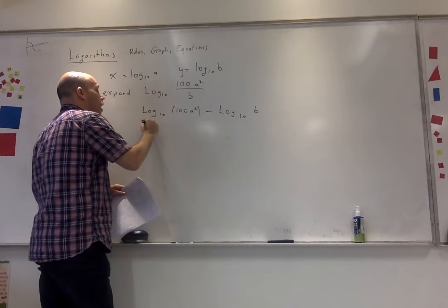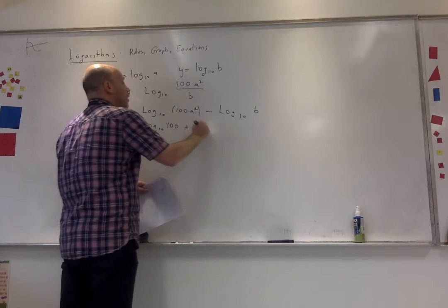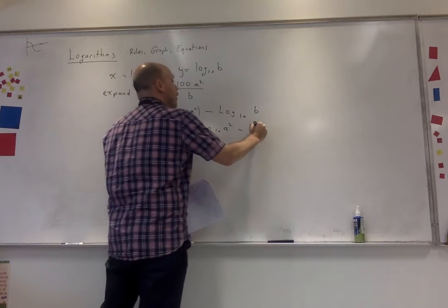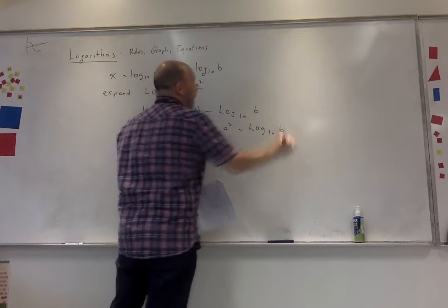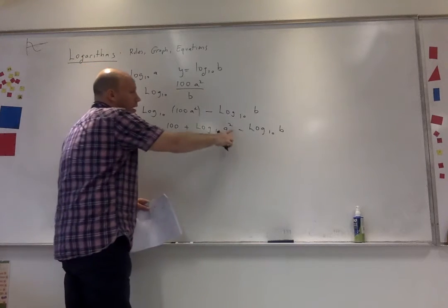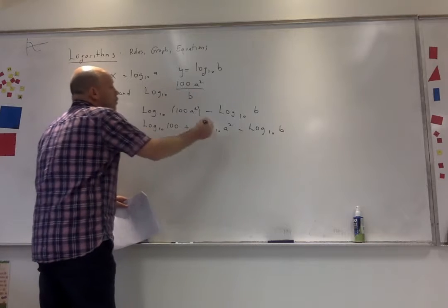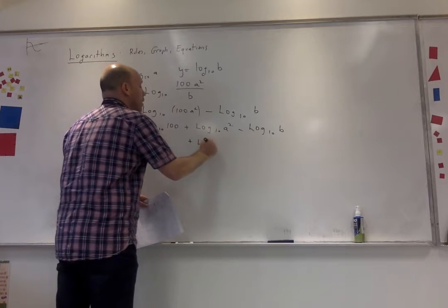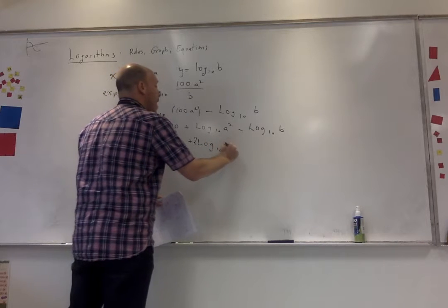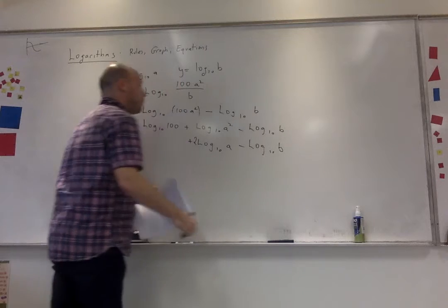So you have log base 10 of 100 plus log base 10 of a squared minus log base 10 of b. We might want to expand even further. Oh look, there's an exponent up there, so let's deal with that first. So we have 2 log base 10 of a minus log base 10 of b.